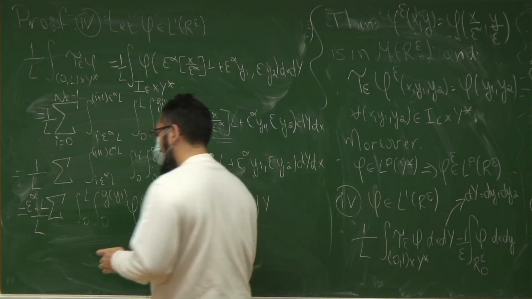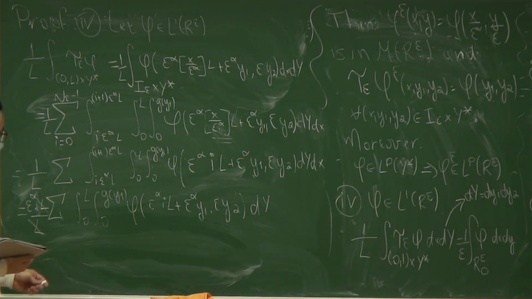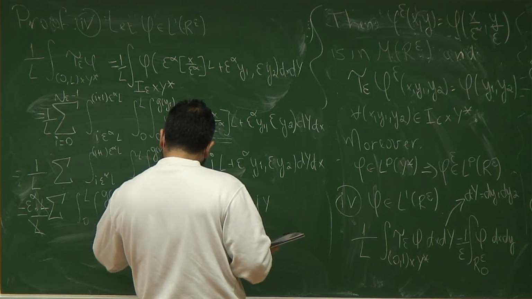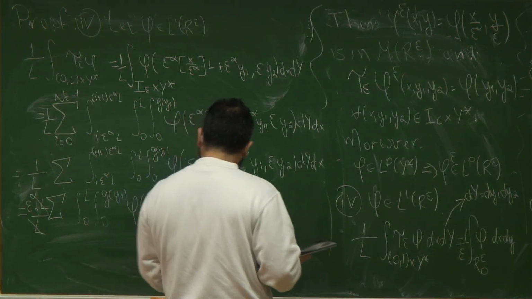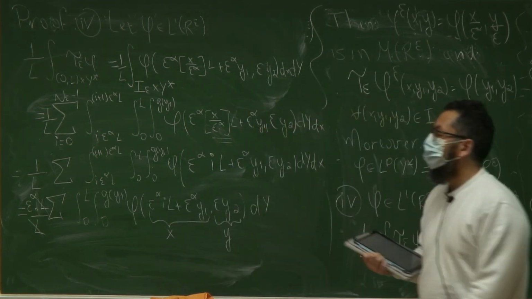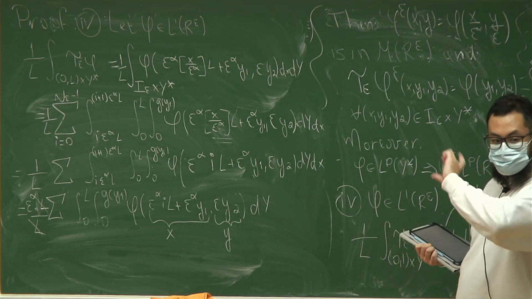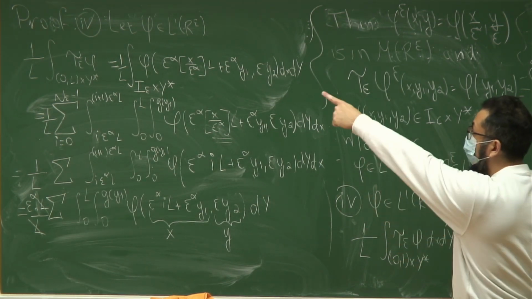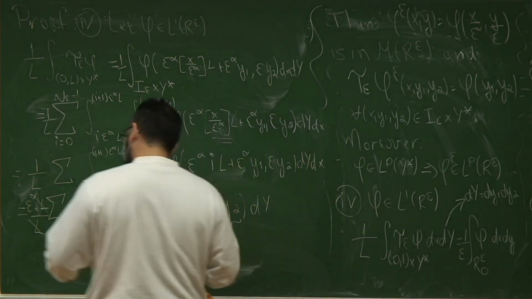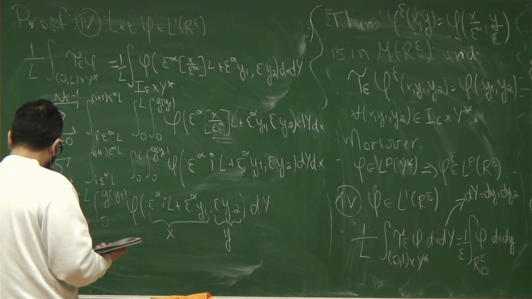And now the last thing to do is considering a change of variables. We will call this x and we will call this y, which are the variables of the original domain R epsilon. So what will happen?